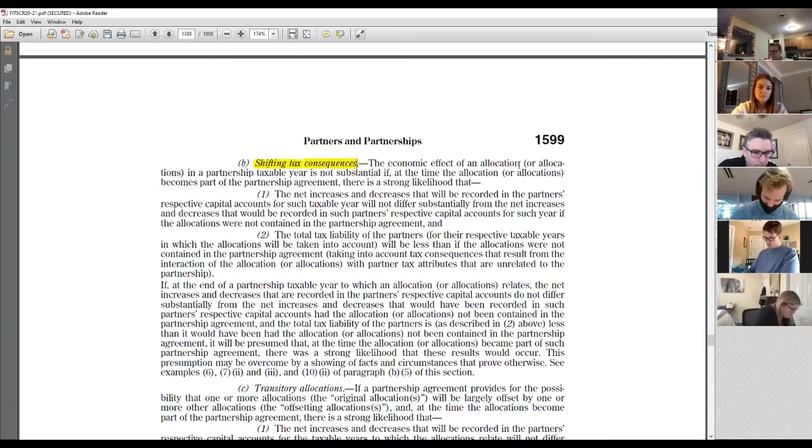I don't know why they say it's always going to be a pair of allocations at least, so I can't think of a situation where it's a single allocation. You're generally talking about pairs or more of allocations. The allocation is not substantial if at the time the allocation becomes part of the partnership agreement. So that's one thing we have to note here: we're testing for substantiality at the time the allocation becomes part of the partnership agreement.